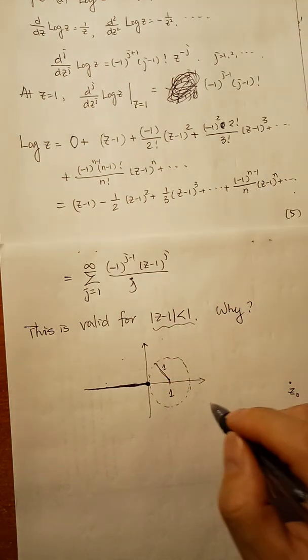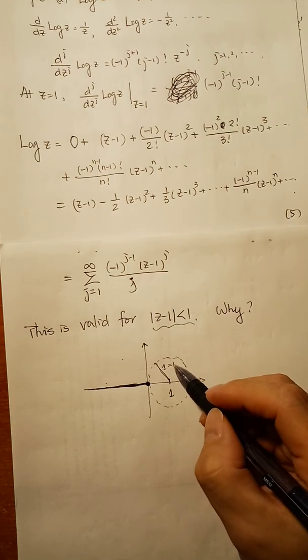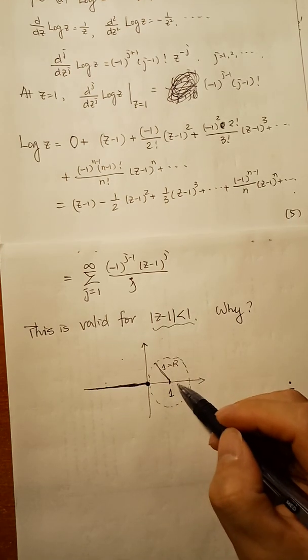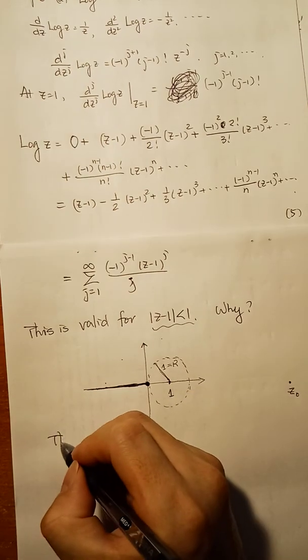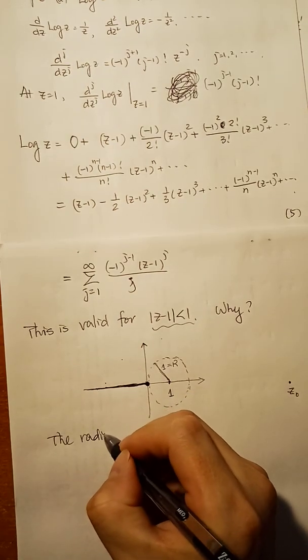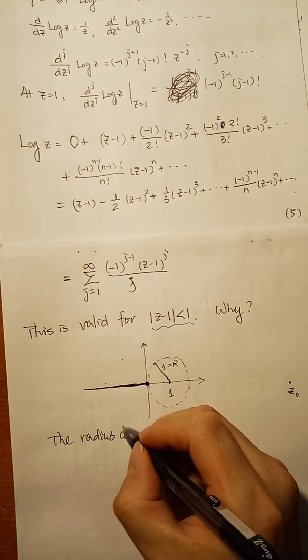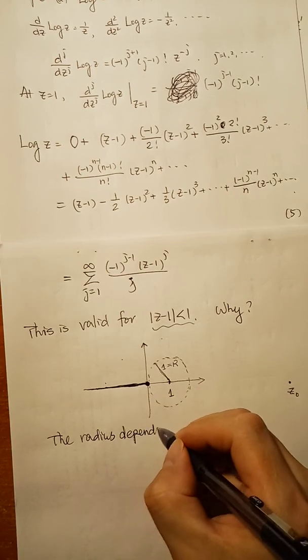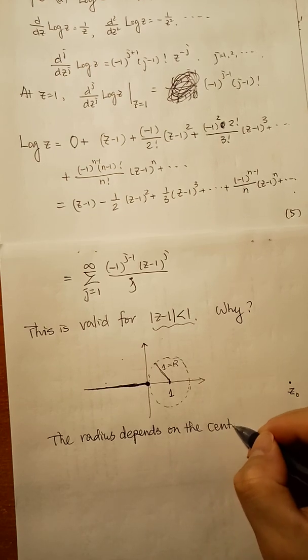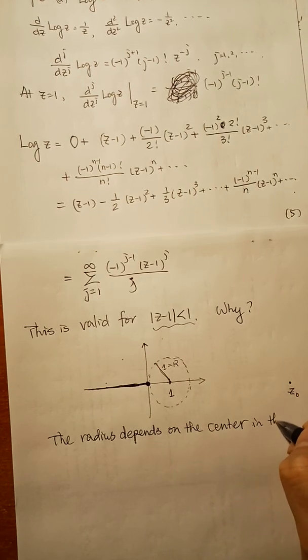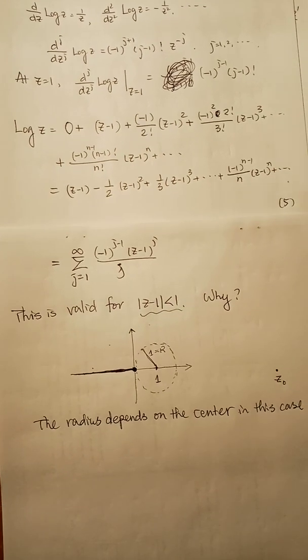So the radius in this case also depends on the selection of what we call the center of the Taylor series. The radius depends on the center in this case.